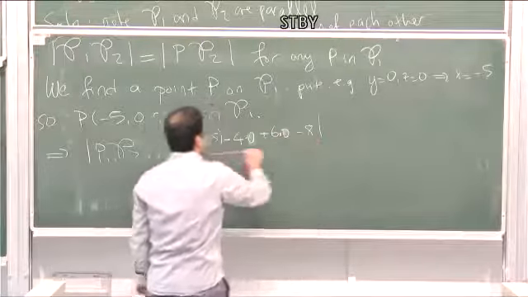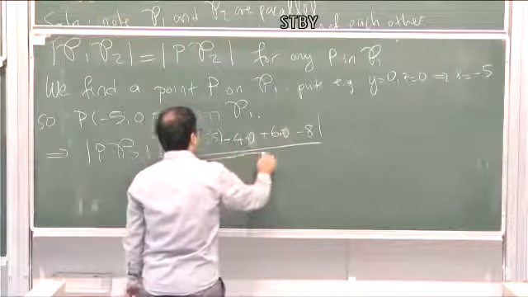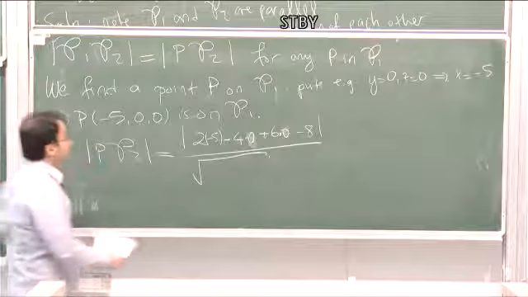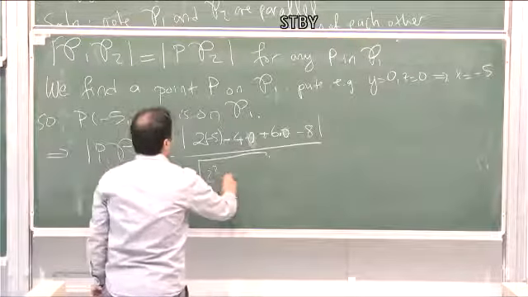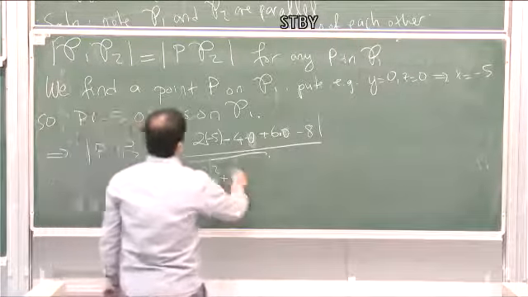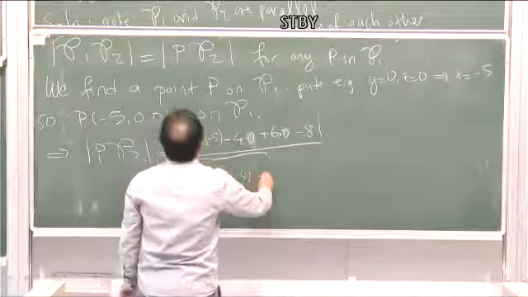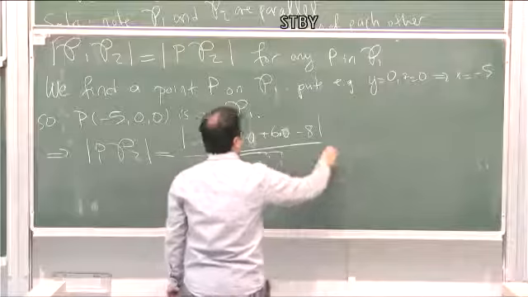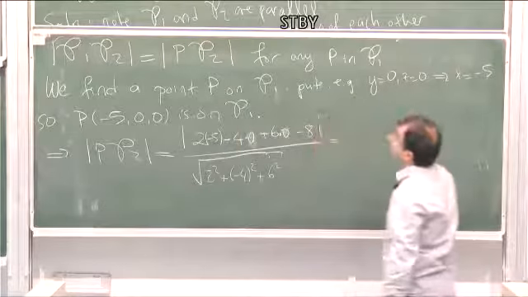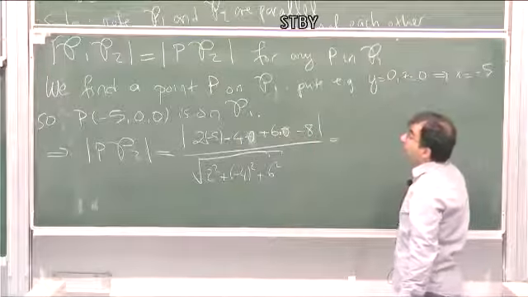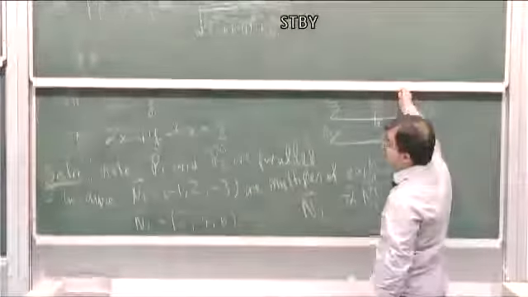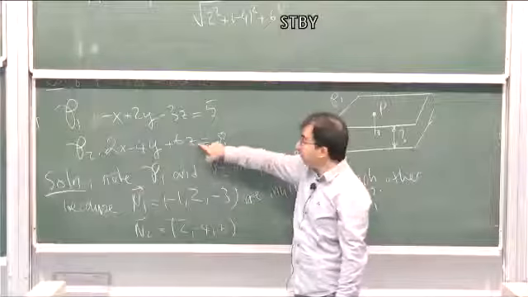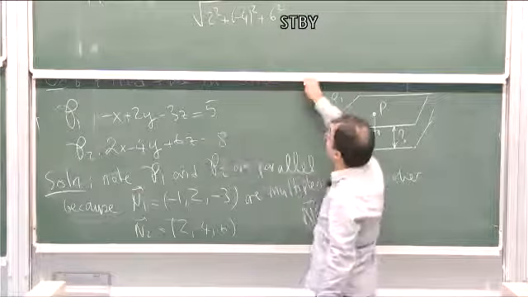This should be in absolute value, divided by the length of the normal vector. It is the square root of 2 squared plus minus 4 squared plus 6 squared. Don't forget, when you write the formula, to take 8 to this side, so you take it as minus 8.